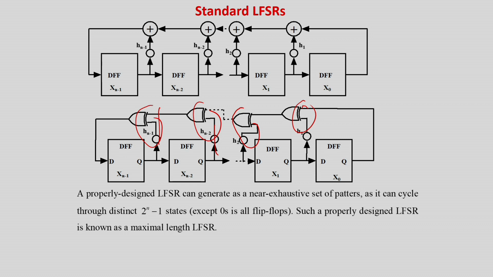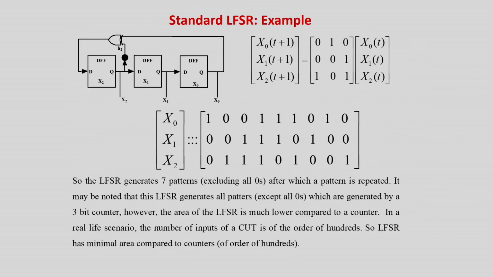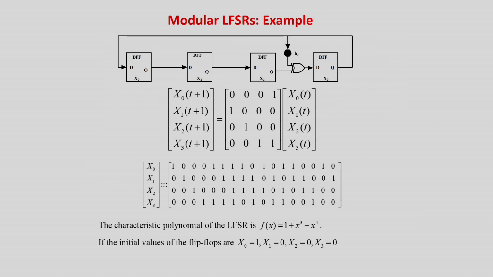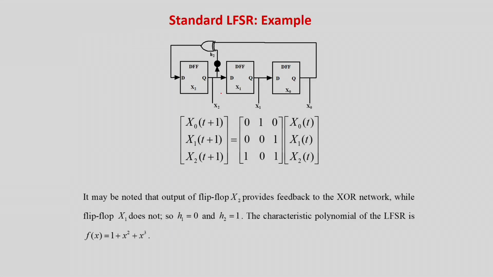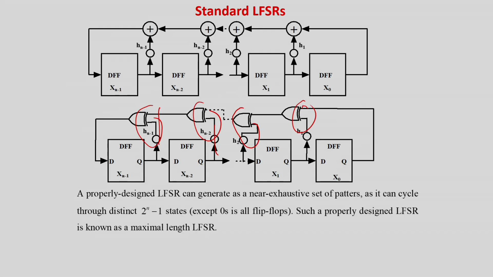For most of the test perspective, there is something we will see called the characteristic, what I actually call the primitive polynomial. Just keep the term in mind for the time being: the theory exists, and the primitive polynomial is the terminology which tells you where to put these XOR gates and where not to put them.